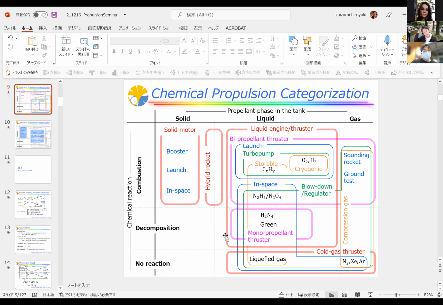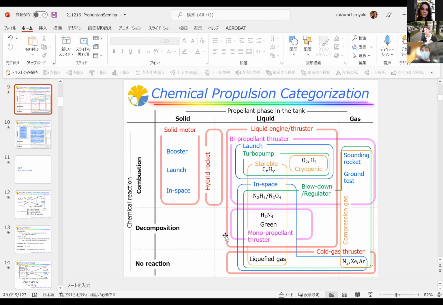Also, I'm not sure it will become mainstream, but there is another type of pump, called an electric pump. By using a battery, we can drive the pump. The company Rocket Lab has a launch vehicle named Electron, and it employs an electric pump system.